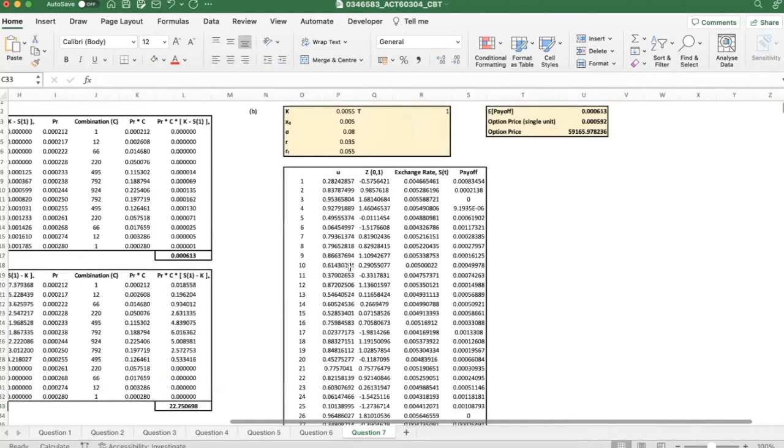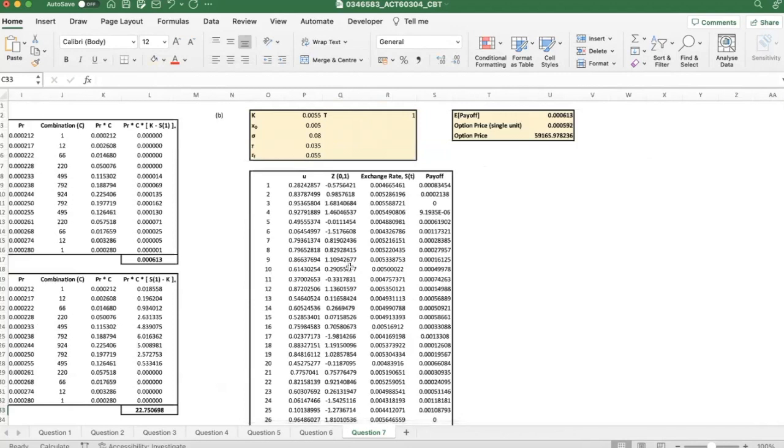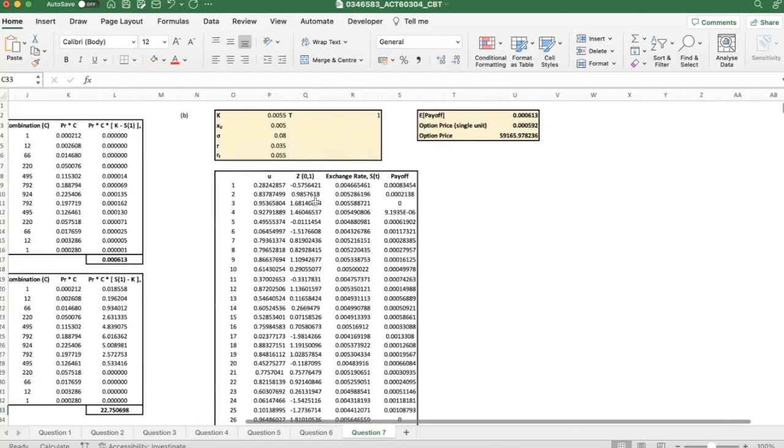Okay, so moving on to the second question. The second question basically asks us to calculate it using the Monte Carlo simulation by using 200,000 iterations. We will be calculating it using the pound denominated perspective.